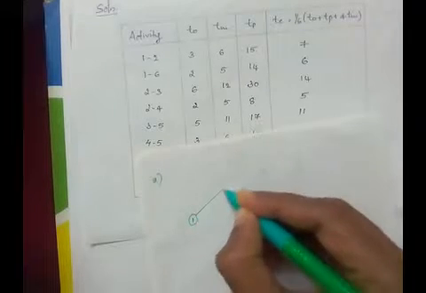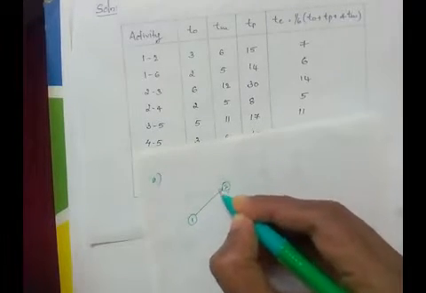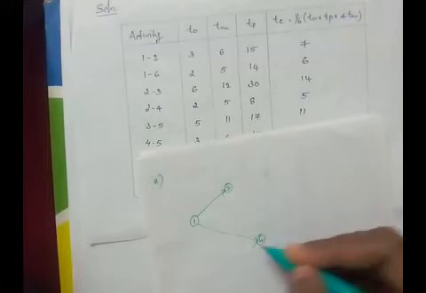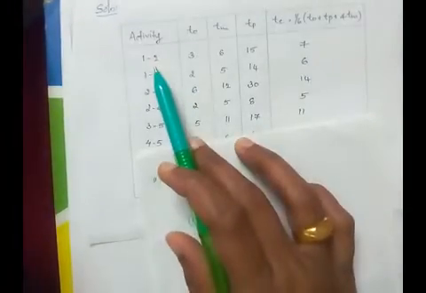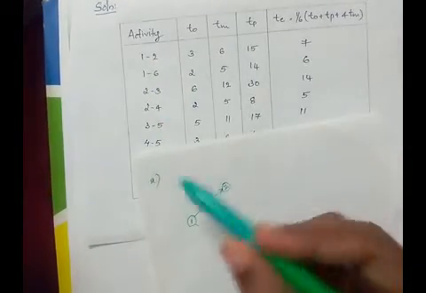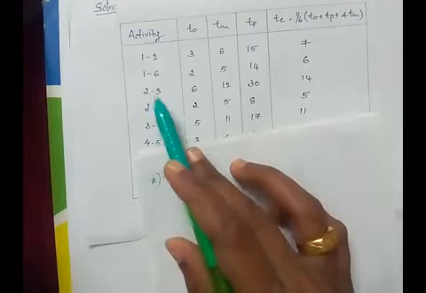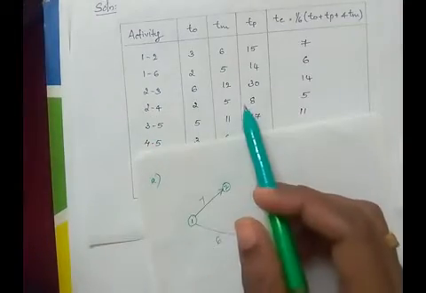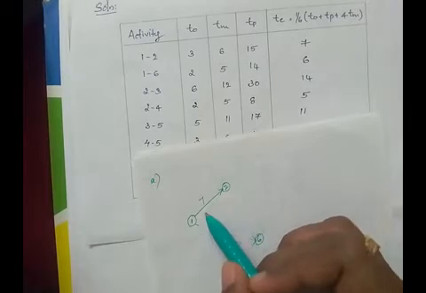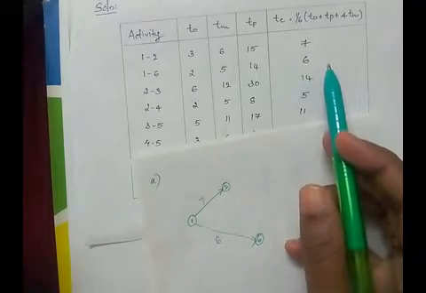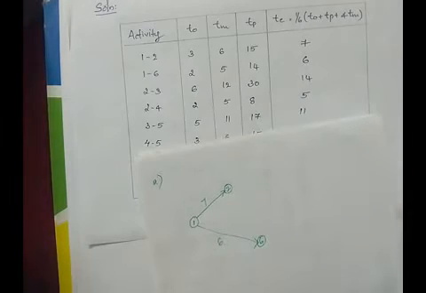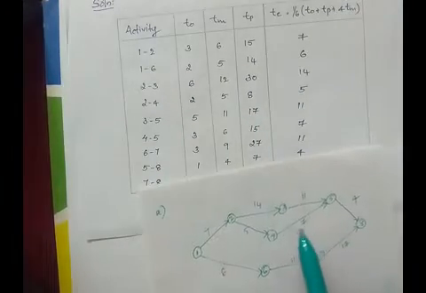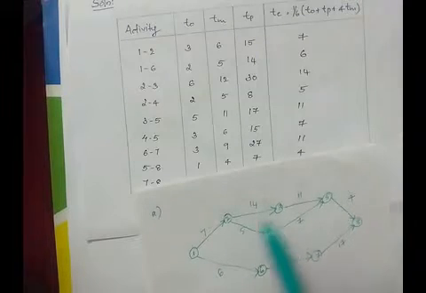The first activity ends at 2 and the second one ends at 6. The duration for activity 1-2 is 7, and for activity 1-6 the duration is 6. Like this, we have to draw the rest of the activities and label them with the expected time. After drawing all the activities, we'll get the network diagram like this.